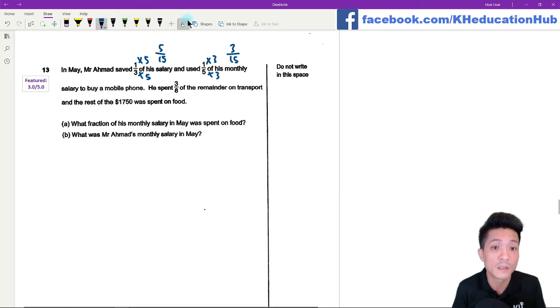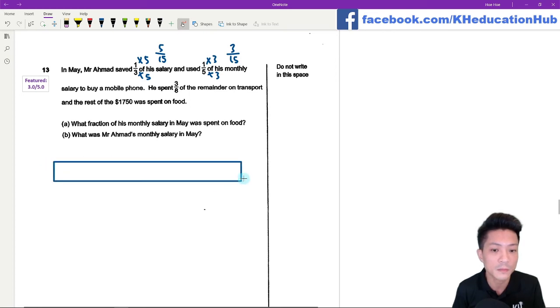Okay, which means that if I were to draw a model, I'm not going to cut it into 15 blocks, so I'm just going to cut it up into this. Okay, it's 5 units saved. These 3 units is the mobile phone, and these 7 units will be the remaining.